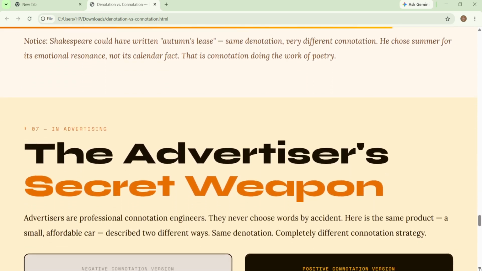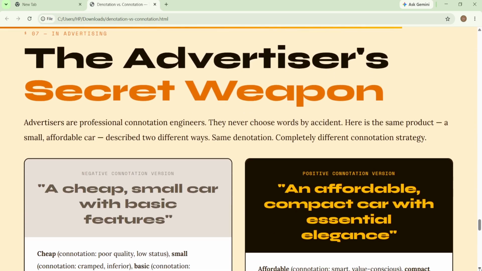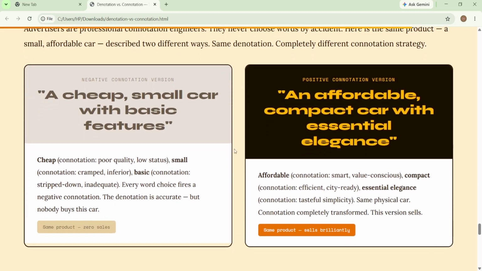So let's move on to advertising, the advertiser's secret weapon. Advertisers are professional connotation engineers. They never choose words by accident. Here's the same product, a small affordable car, described two different ways. Same denotation, completely different connotation strategy. So let's look at this example. That's a negative connotation: a cheap small car with basic features.